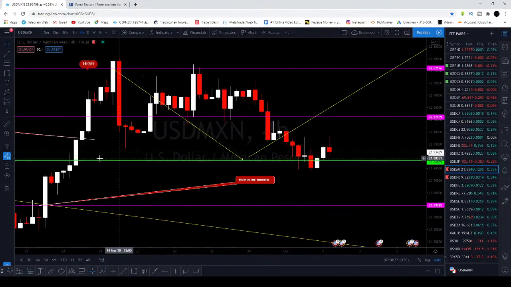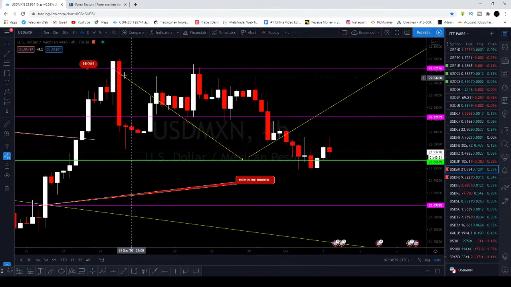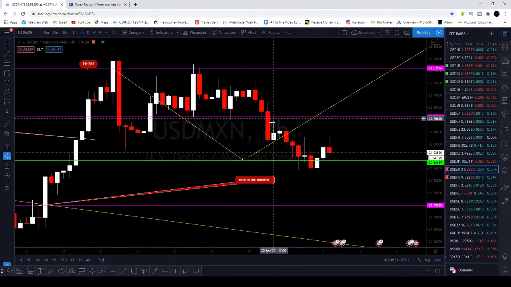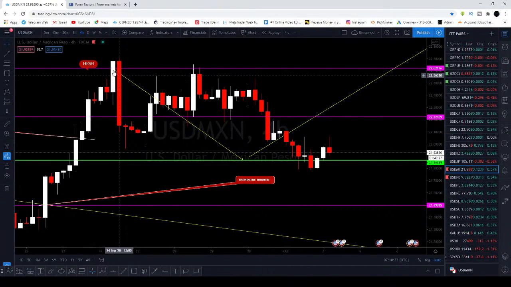As you can see right here, at the time that I did this analysis, I said it will come down, because this was where the USDMXN was, and it had not even started moving by then. When I did this particular analysis, I said that it will come down for a retracement first before it will continue going to the upside, right?